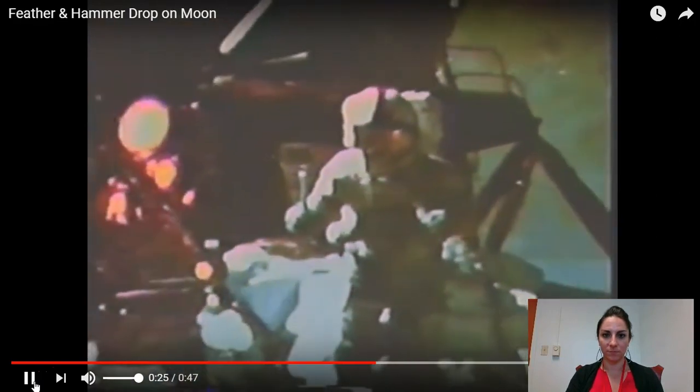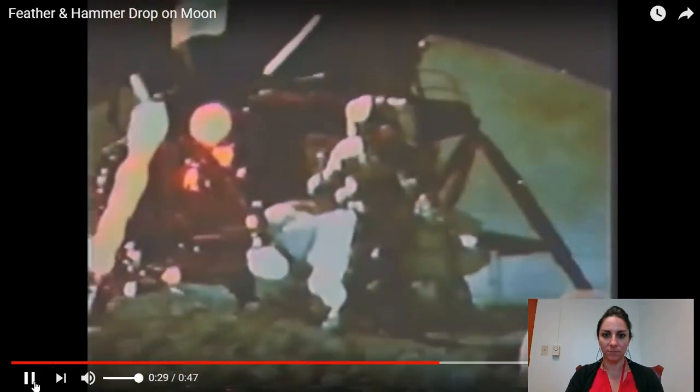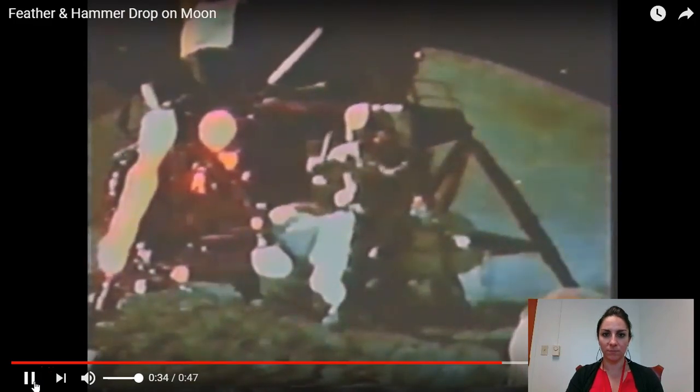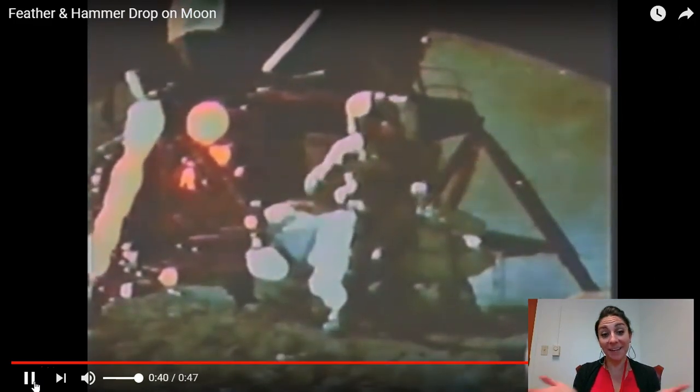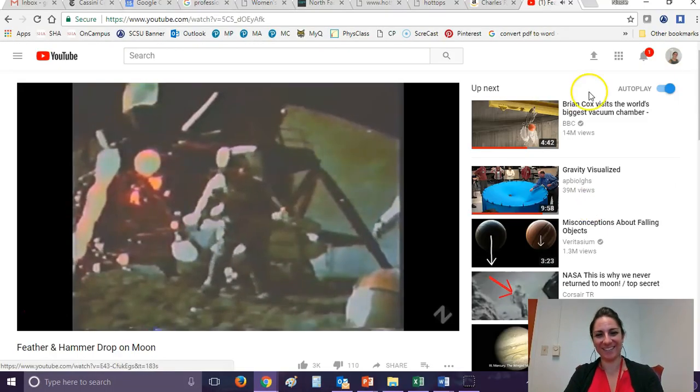And so we thought we'd try it here for you. The feather happens to be appropriately a falcon feather for our falcon. And I'll drop the two of them here, and hopefully they'll hit the ground at the same time. How about that? Yay! How about that? Mr. Galileo was correct in his findings.